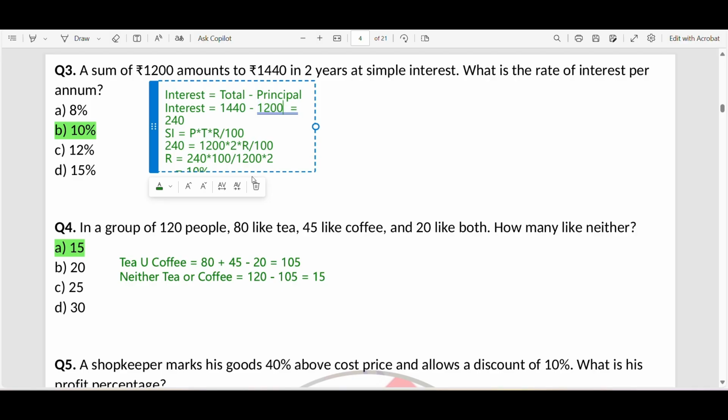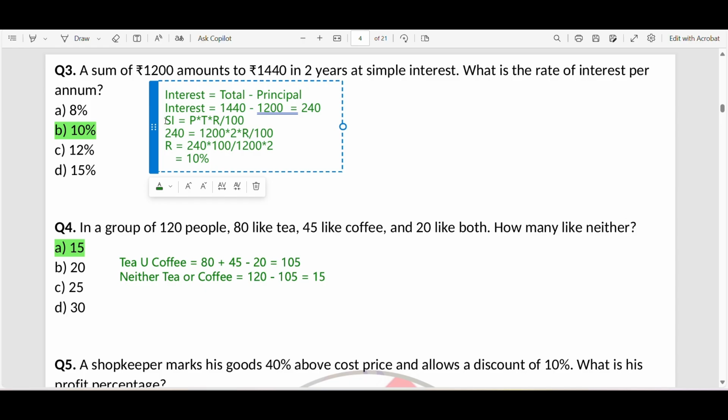When we subtract both we are getting 240, we are getting 240 as interest. This means the first person charged 240 as interest for this 1200 amount.